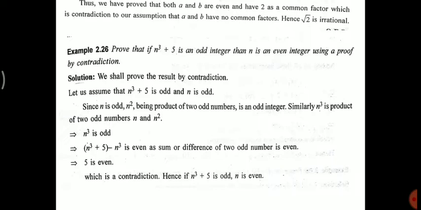If n is odd, n square is a product of two odd numbers, so it is again an odd number. Similarly, n cube is the product of two odd numbers, n and n square, so again n cube is odd. So n cube plus 5 minus n cube is even, as the difference of two odd numbers is even, so that 5 is even.